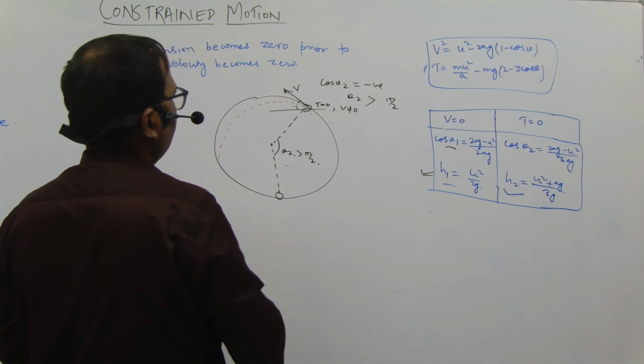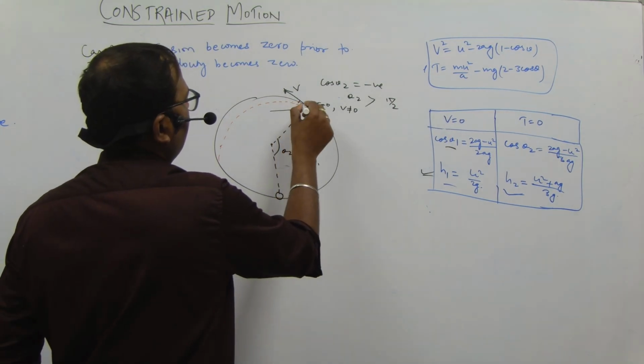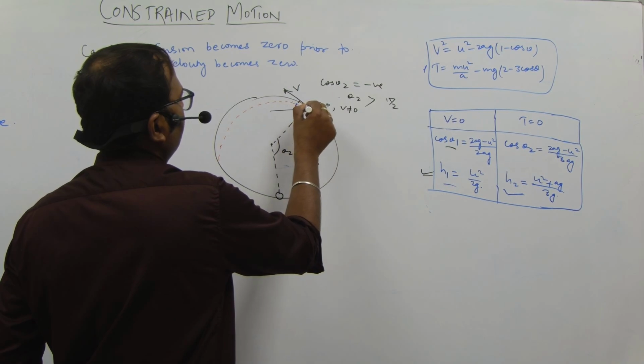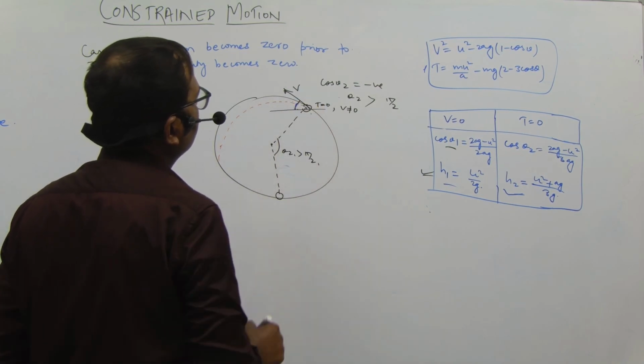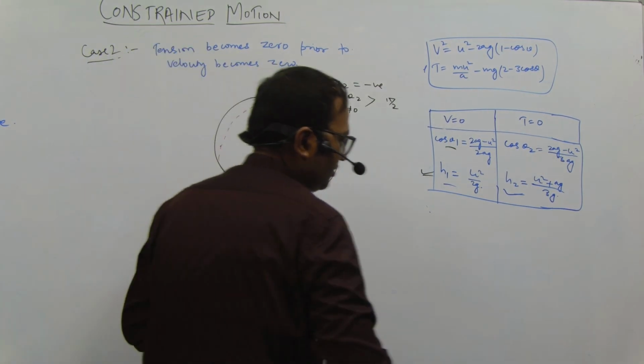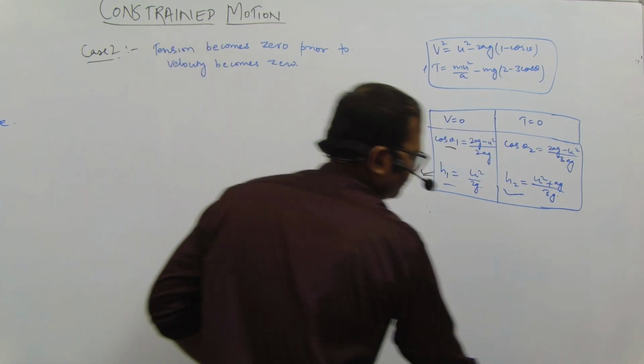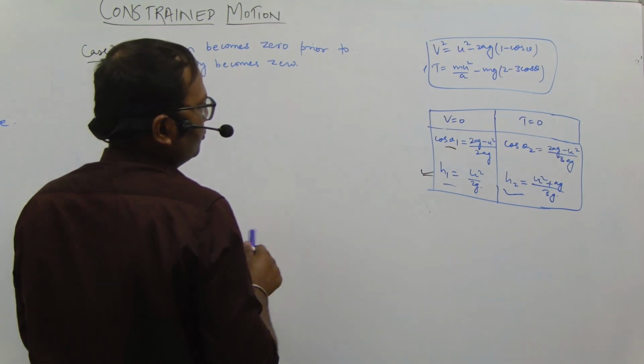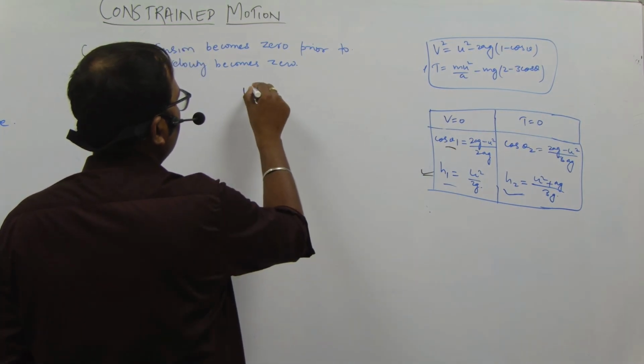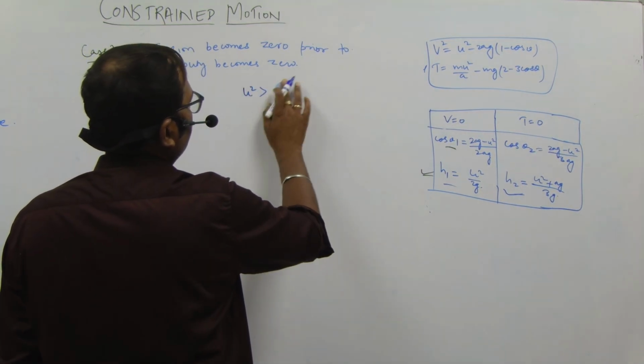Let us draw this again. So we have u square greater than 2ag.